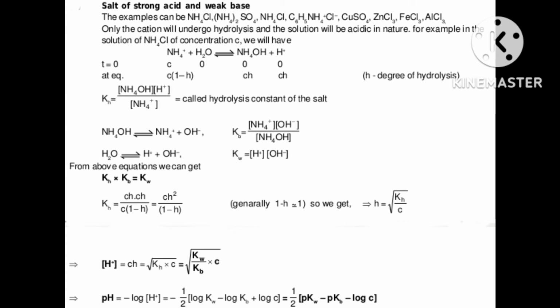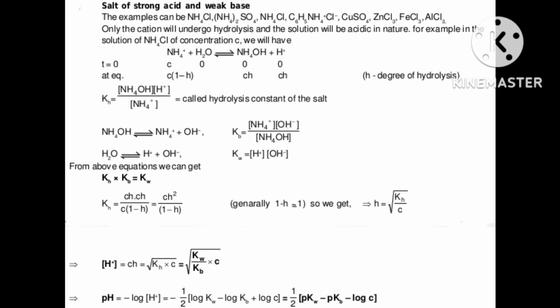The ionization constant of ammonia is given in the question, and the solution concentration is given as 0.05 M. The ammonia breaks into NH4 plus and hydroxyl ion.